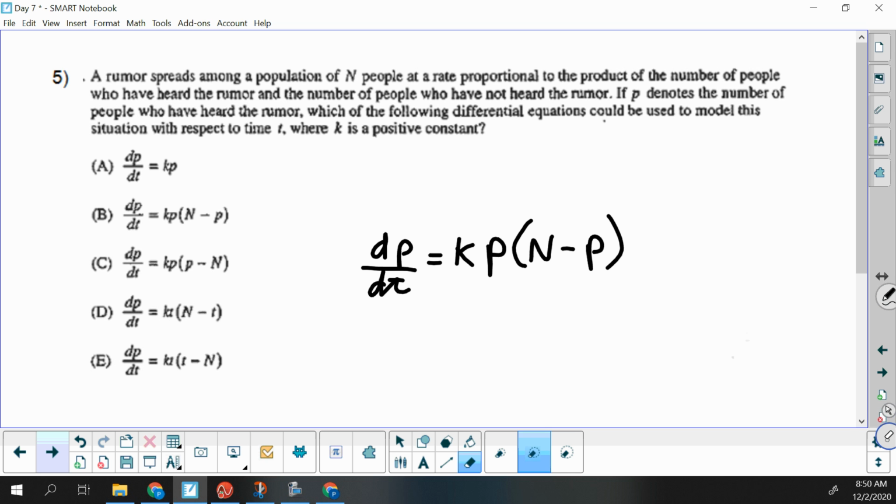Because P is representing the people that know, N minus P is representing the people that still don't know, because it's the total minus the people we know. And then we have some constant there. So that's just coming directly from what we saw a differential equation looks like for a logistic function.